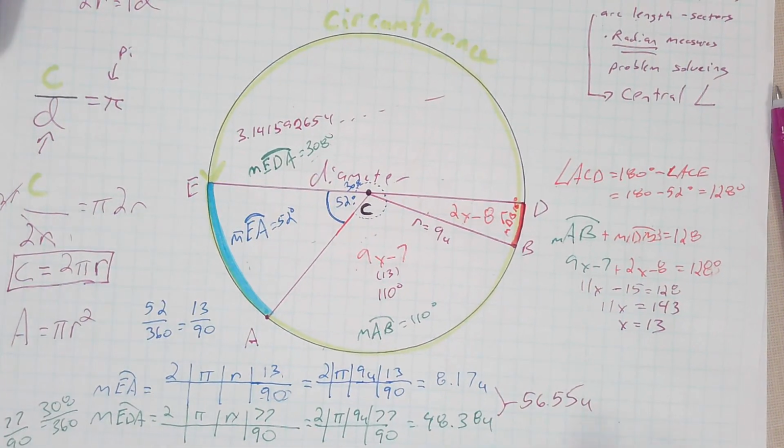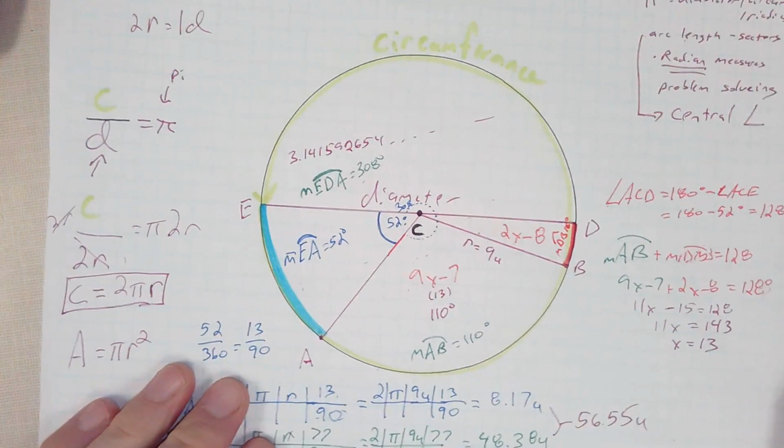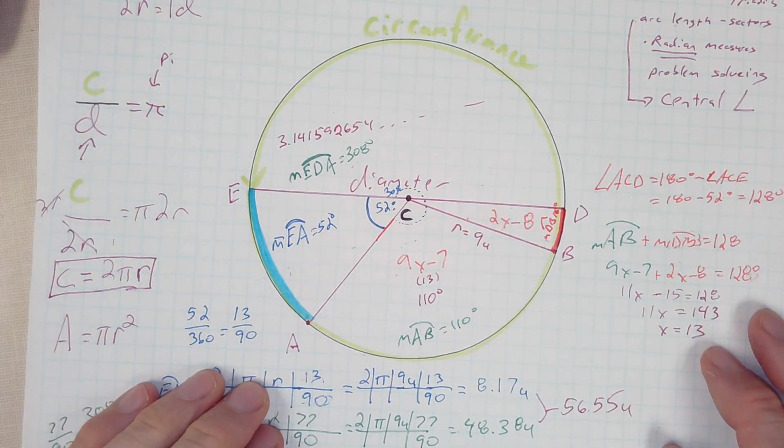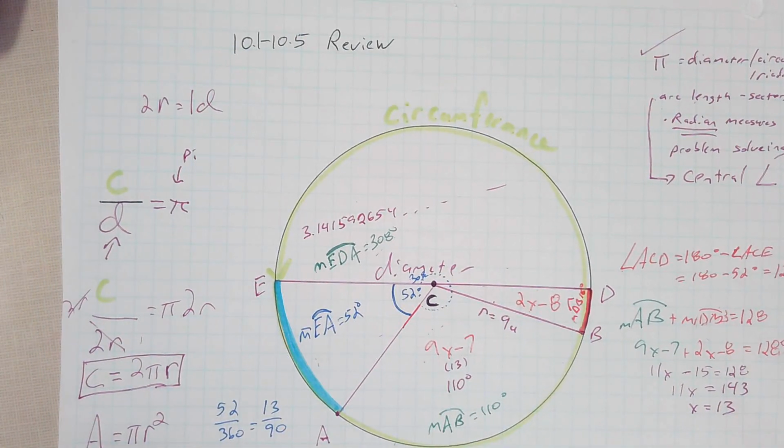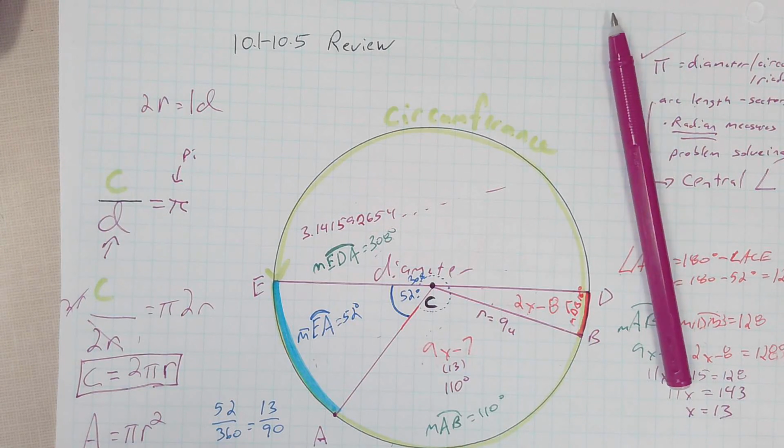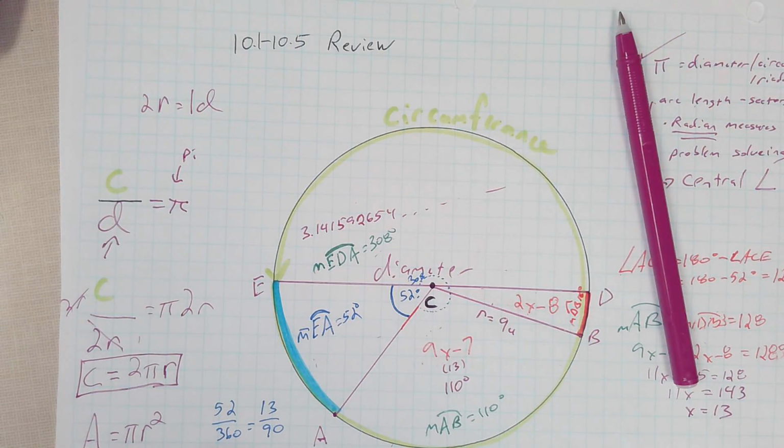Okay, let's see. All right, so now that's that. So let's see if I can go through all these. So that's finding out the angle measures and all those things. So let's roll on. So that's 10.1, I guess this would be 10.1, yeah, that's 10.2.